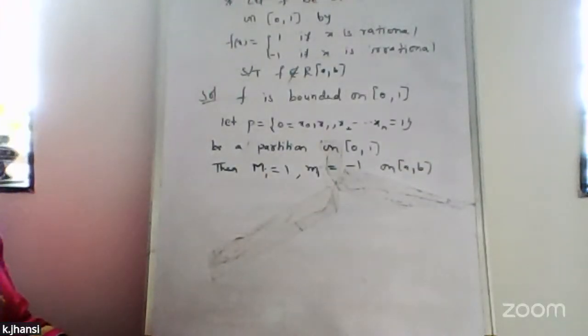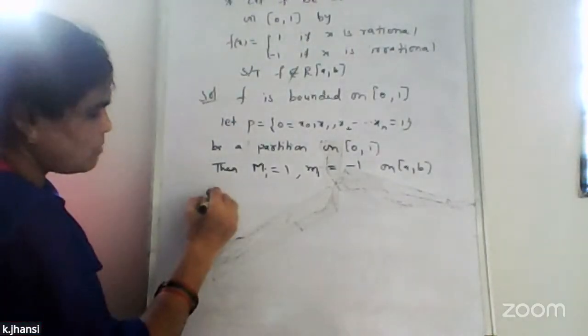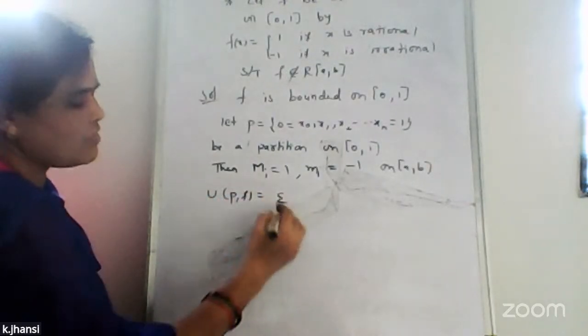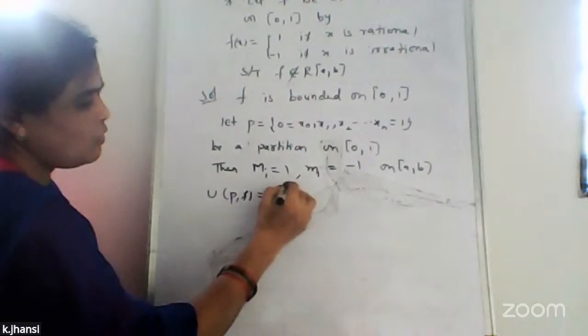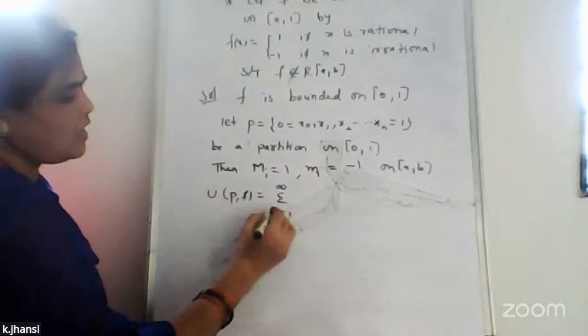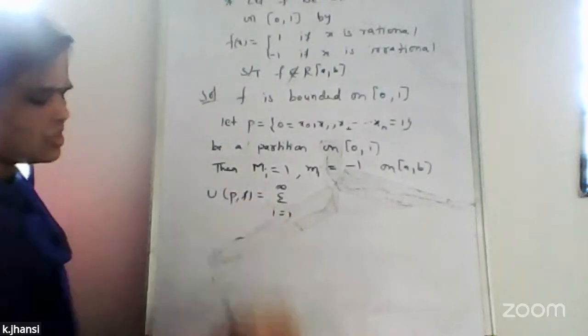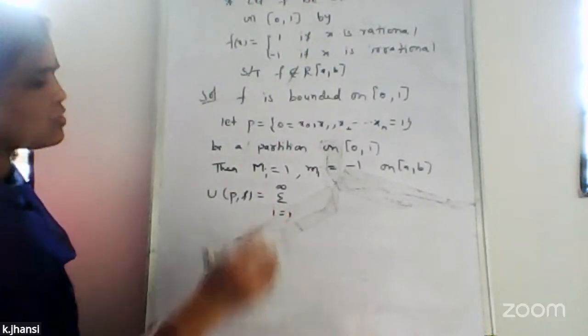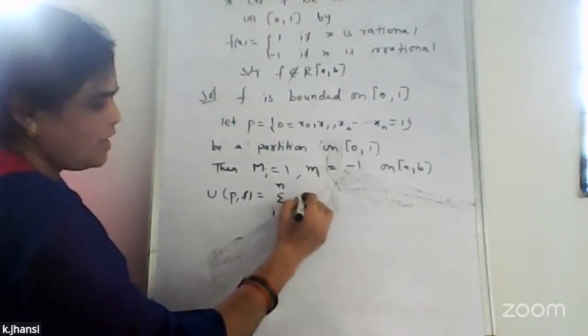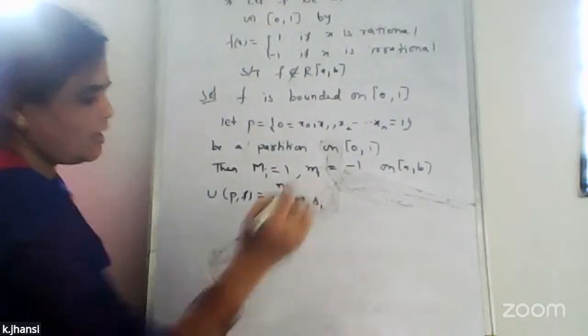Now we have to find the upper Darboux sum and also the lower Darboux sum. The upper Darboux sum U of P comma f equals, by the definition, the summation from i equals 1 to n of Mi delta i.